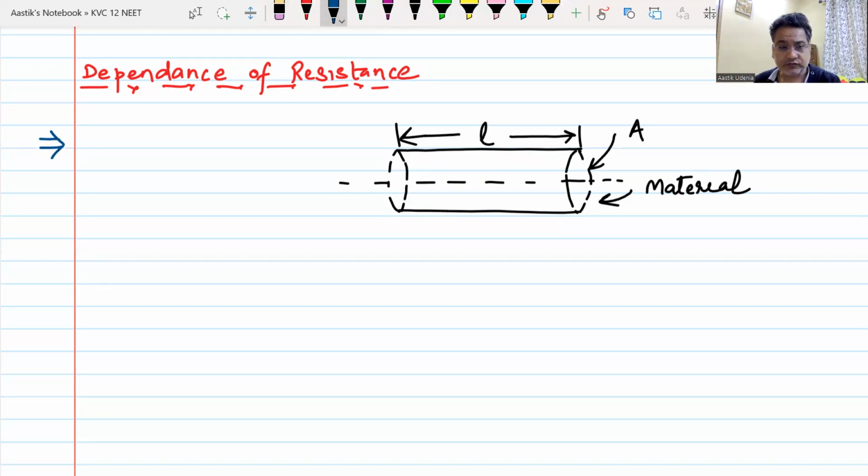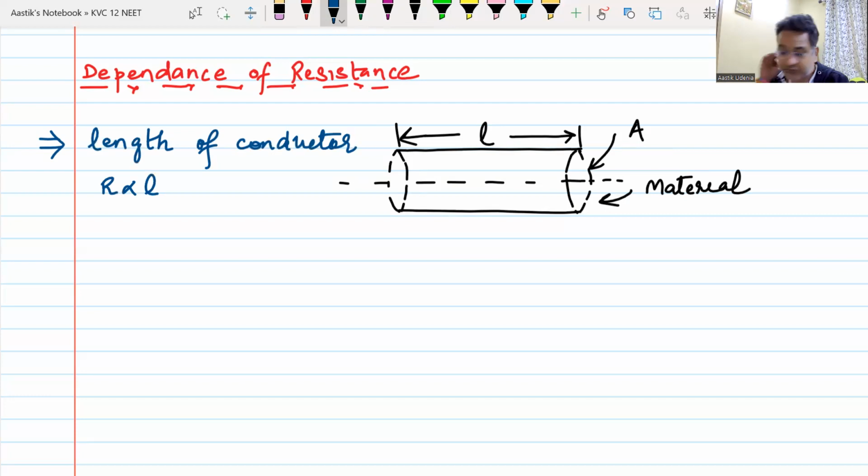Resistance of the conductor, first of all, depends on the length of the conductor. I can write resistance of the conductor is directly proportional to the length. A long conductor will have more resistance.